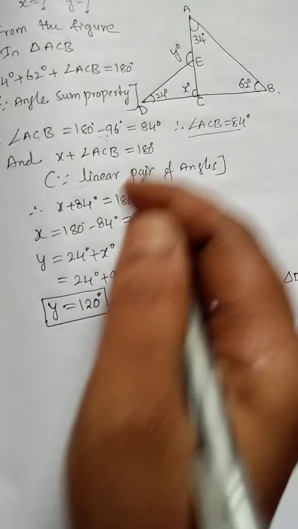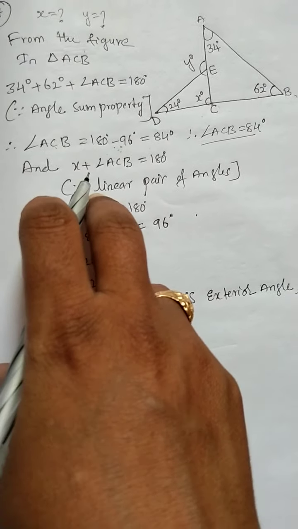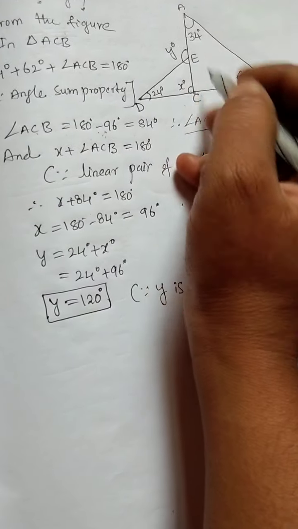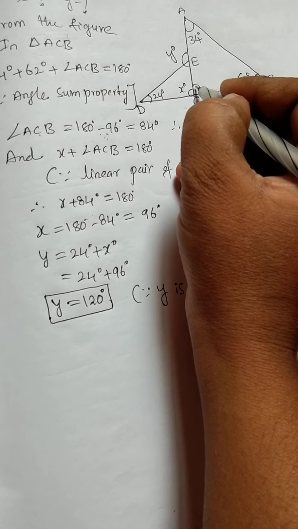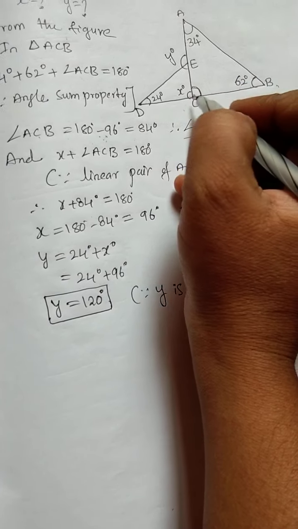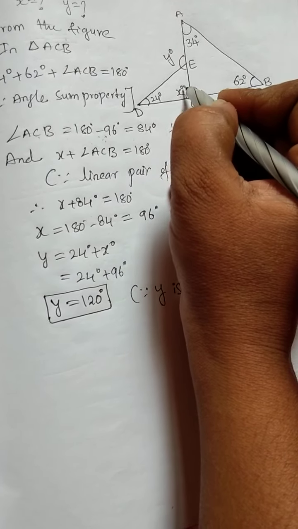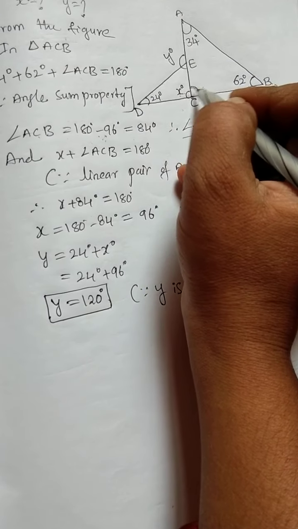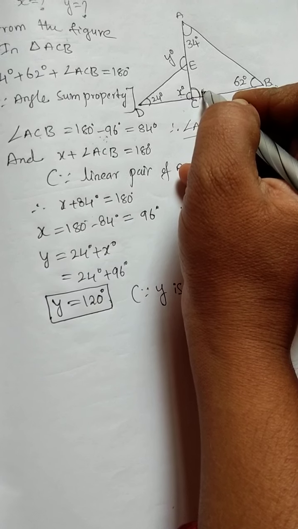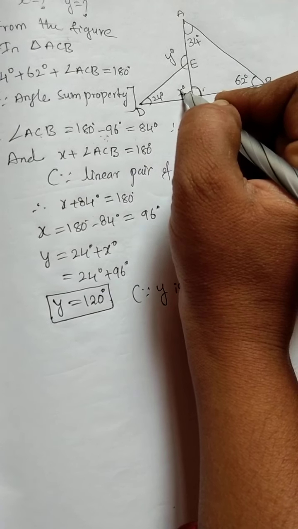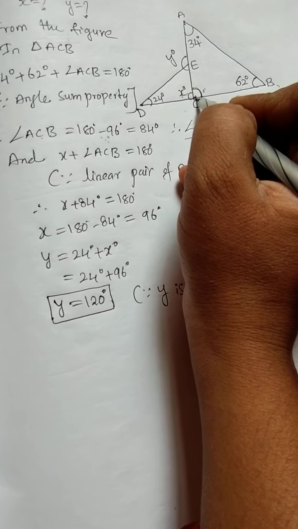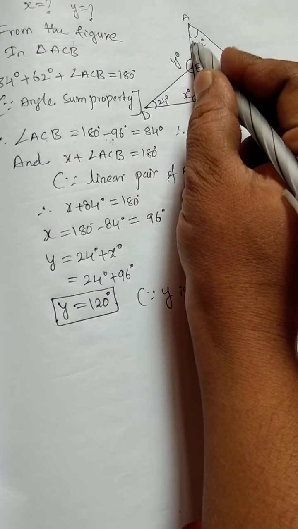After this, you should use one more condition here. See, this is angle ACB. Now see here, angle x degrees and angle ACB. These two angles are a linear pair. Why? Because these two angles have a common vertex and a common arm.